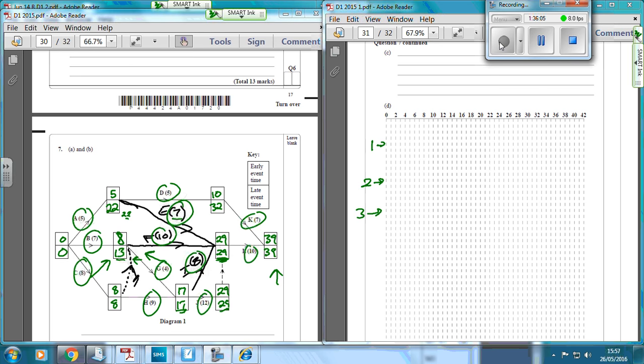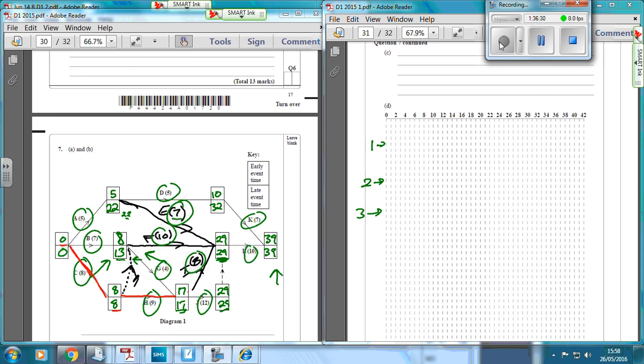Now when we do this, the first thing we do is the critical path. So worker 1 is going to do the critical path, so that's this one here. The critical path is the path where there's no float whatsoever. For instance, this one can start at 0, end at 8, and it takes 8 minutes. There's no float there. It's not necessarily the ones in between two things where the numbers are the same.